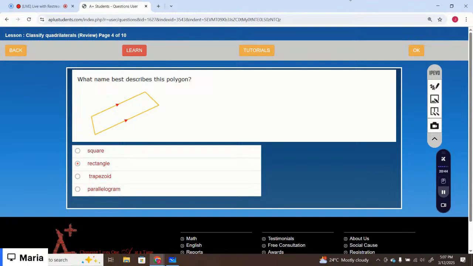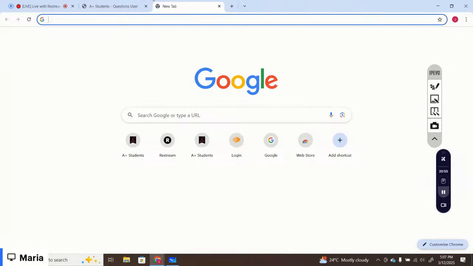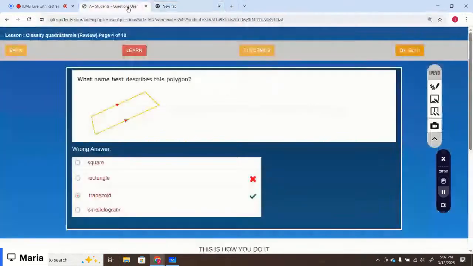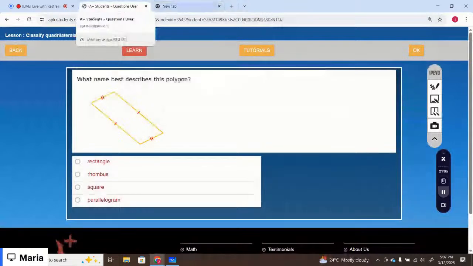Option number two is the correct option. Oh, trapezoid it is. That is trapezoid. What name best describes this polygon?